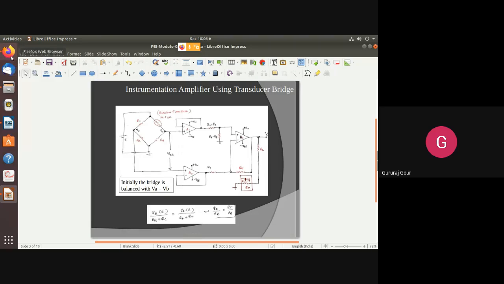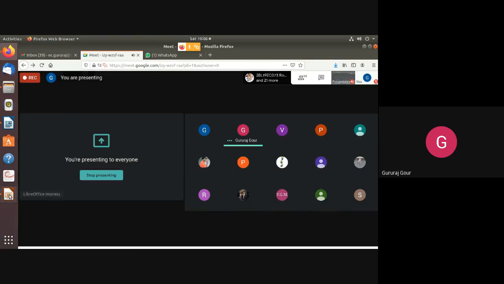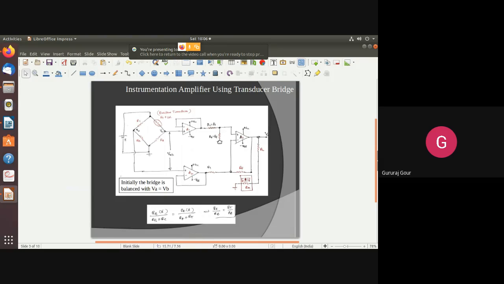Then the third op amp, A3, is where we apply the outputs of the voltage followers A1 and A2 to its positive and negative terminals respectively. So this final op amp is going to get the difference between these two outputs, and that will be reflected as a deflection in the meter having internal resistance Rm.